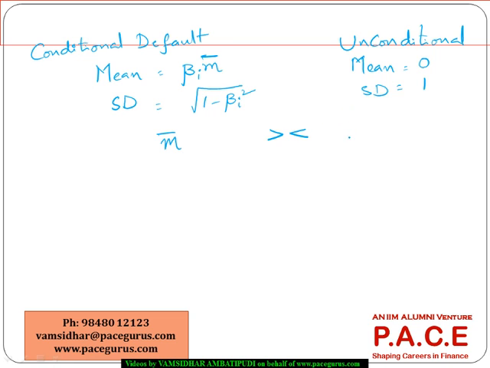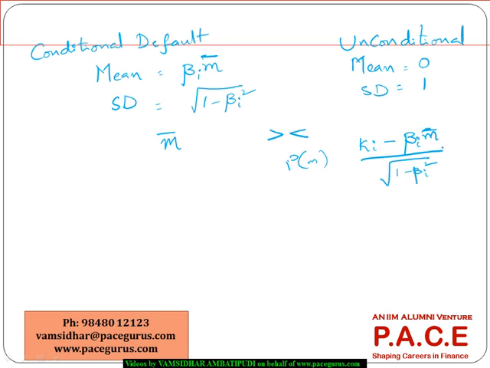Because it's a normal distribution, the probability of default works out as the threshold value minus beta I times some specified value of m, divided by the standard deviation, square root of 1 minus beta I squared.